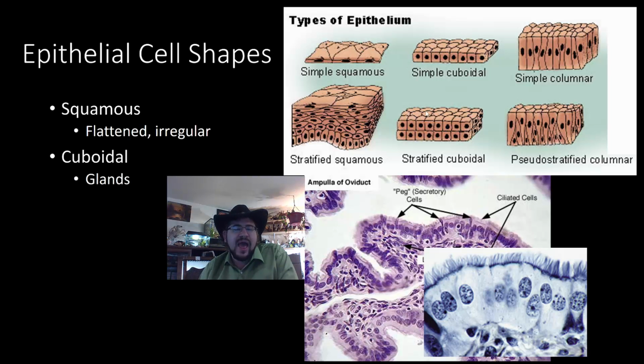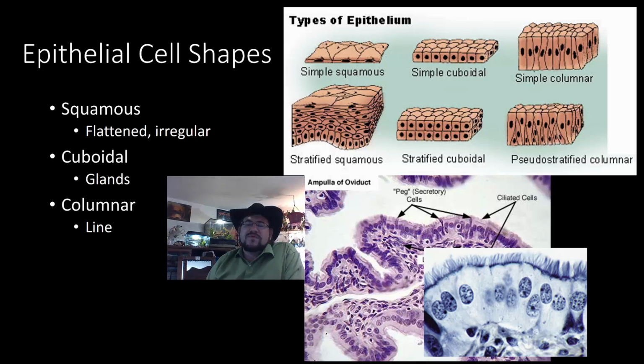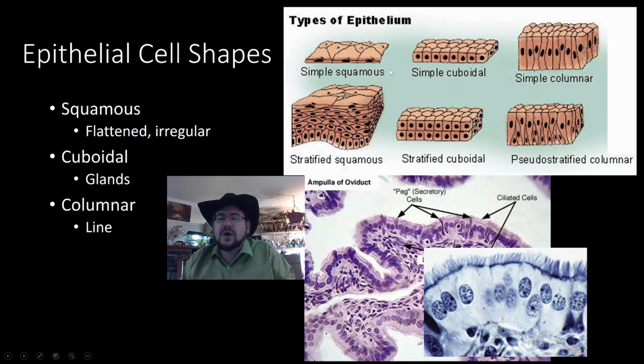And finally, we have columnar epithelium. Our examples of where we find columnar epithelium are lining the digestive tract and lining the uterus. Here, this blue picture is my favorite of columnar epithelial cells.